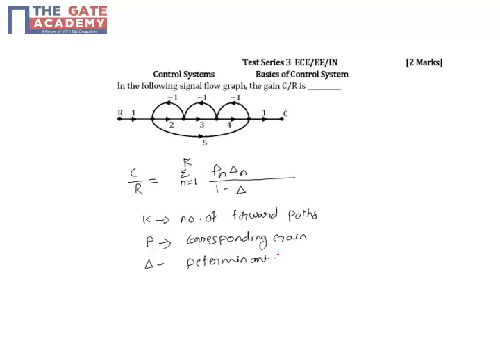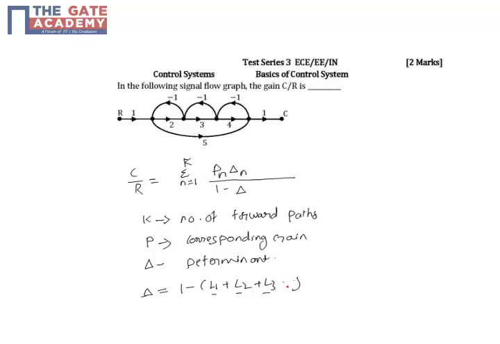This delta is given by 1 minus L1 plus L2 plus L3, where L1, L2 and L3 are the individual loop gains.